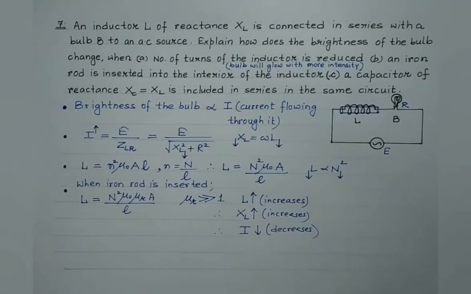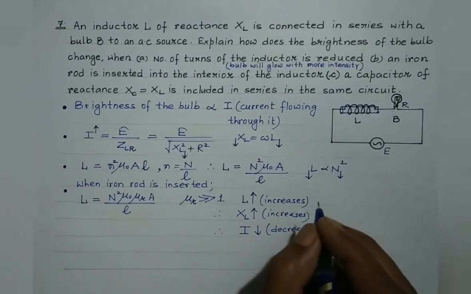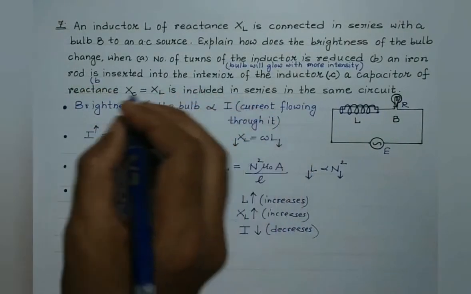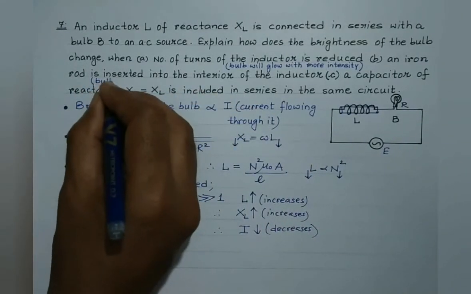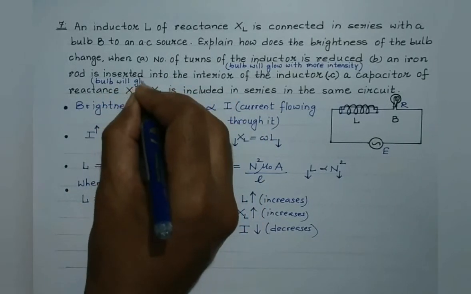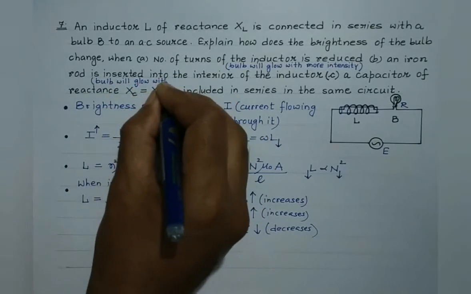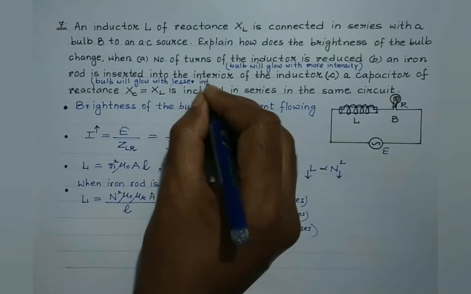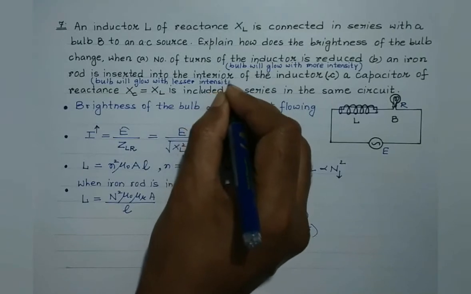And since current decreases, the bulb will glow with lesser intensity. So in the second case, when the rod is inserted into the interior of the inductor, the bulb will glow with lesser intensity. Right?